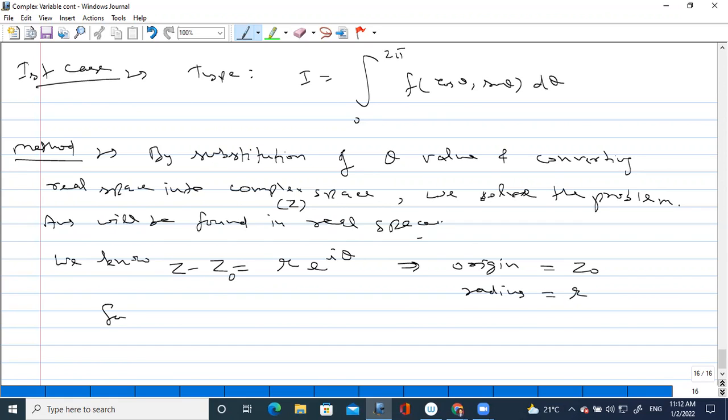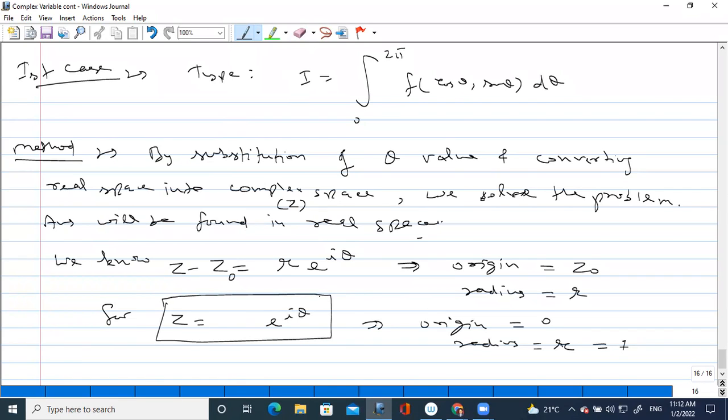Now for z equal to r e to the power i theta, your origin is 0. So origin is 0 and radius is r. And if I take radius r equal to 1, then this will become z equal to e to the power i theta.